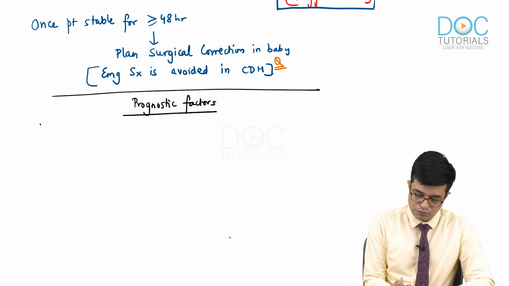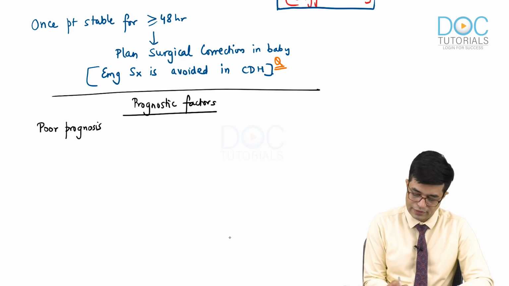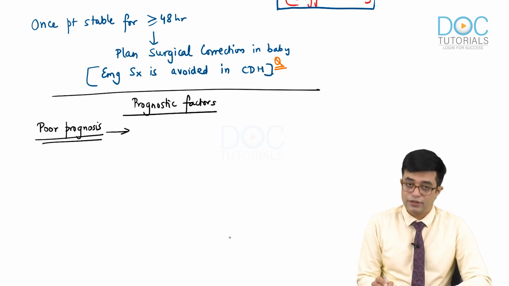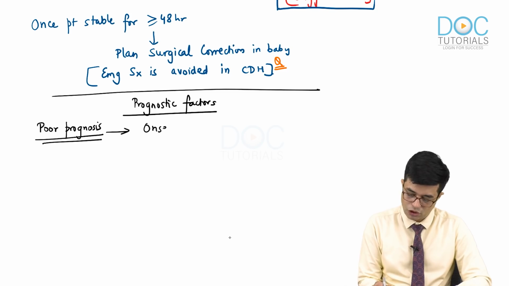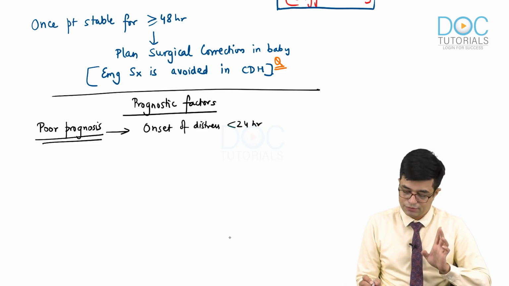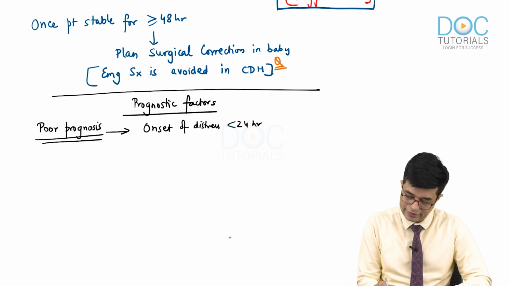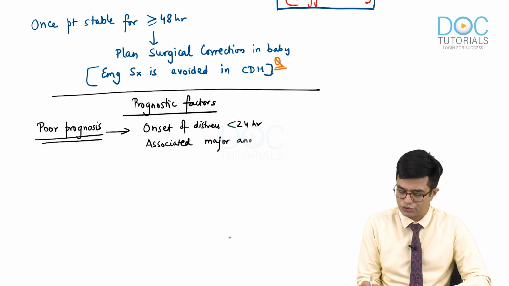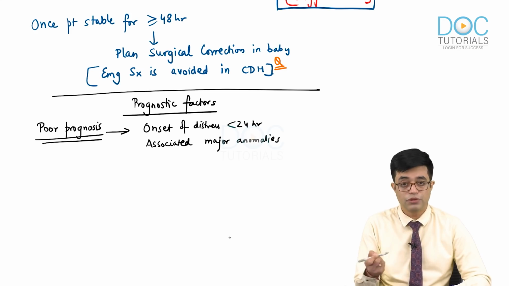Adverse prognosis or poor prognosis is seen if any of the following is present. If the onset of distress occurs less than 24 hours, particularly in the first 6 hours, then it is a poor prognostic factor. Secondly, if there are associated major anomalies, like a cardiovascular disease, then it carries a poor prognosis.